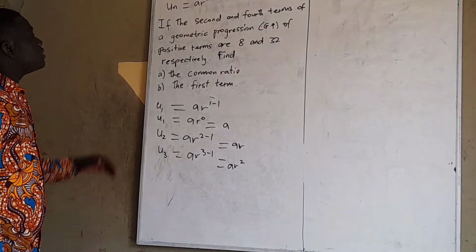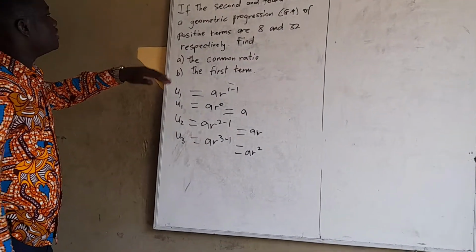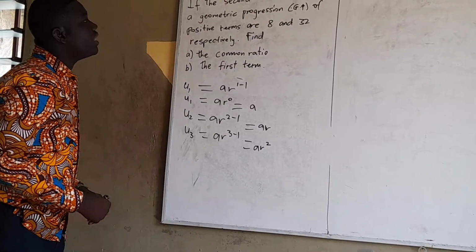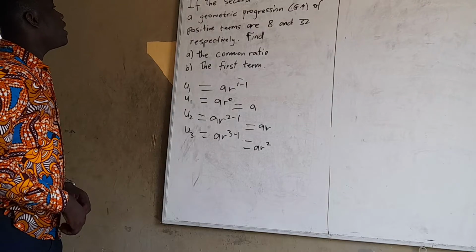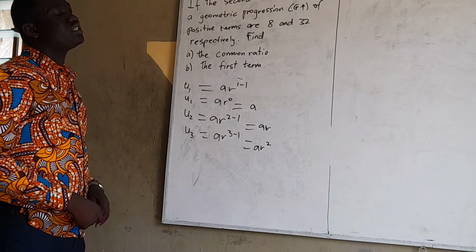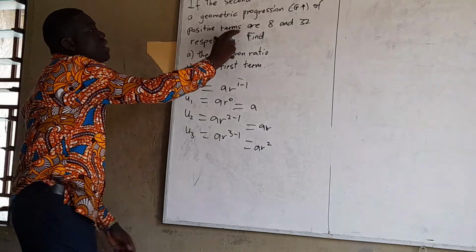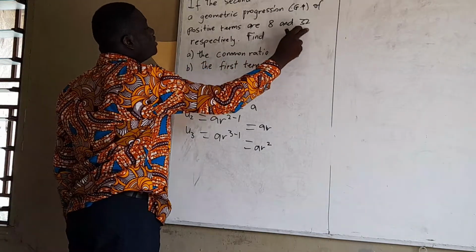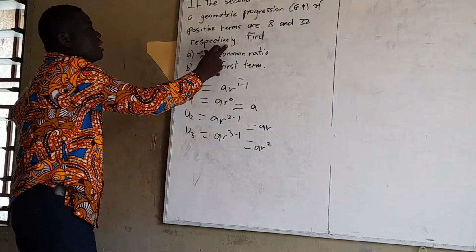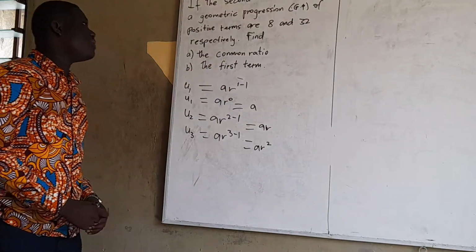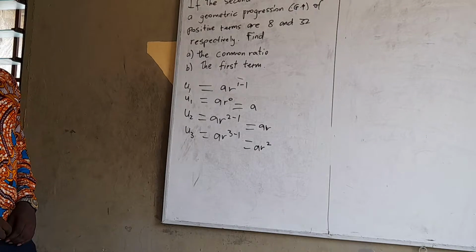Okay, but pertaining to this question, we say if the second and fourth terms of a geometric progression, GP, of positive terms are 8 and 32 respectively, find A, the common ratio, and B, the first term.